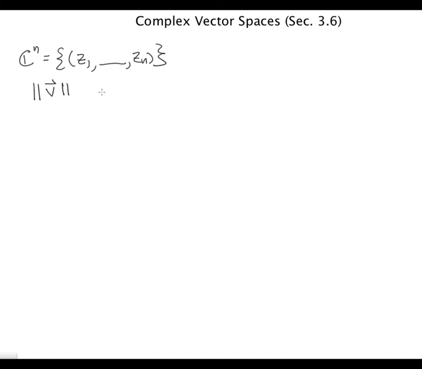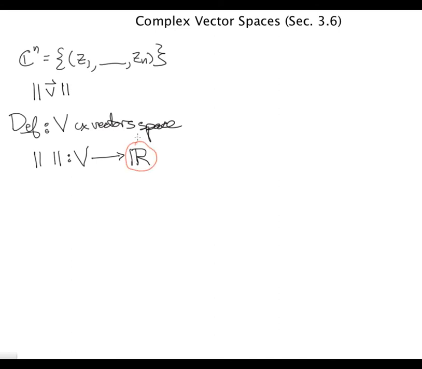When we were doing real norms, we had the abstract notion. So what's the abstract notion of norm? If V is a complex vector space, then we define a norm as a map from V not to C, but to R. That's a crucial point.